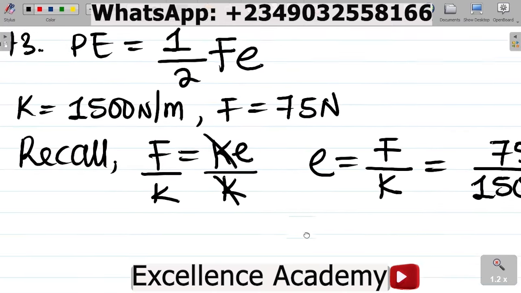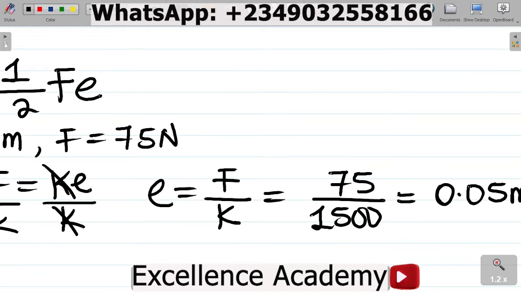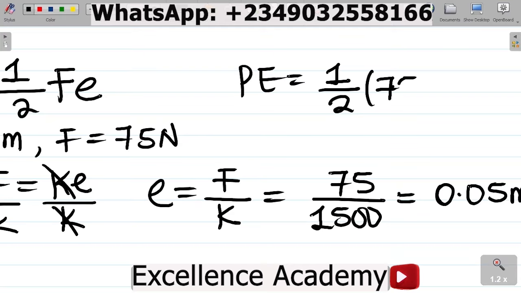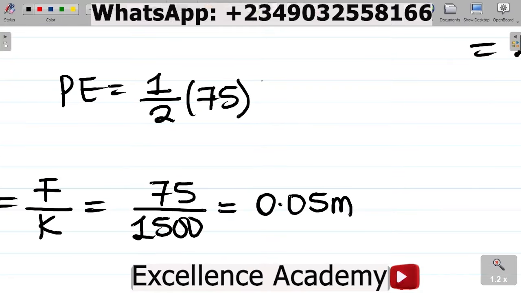So from here, we can now get the value of potential energy, PE, as equal to half, 1 over 2, times F. F is 75. That's the force. Times extension. E is 0.05. Let's multiply this. What do you have?